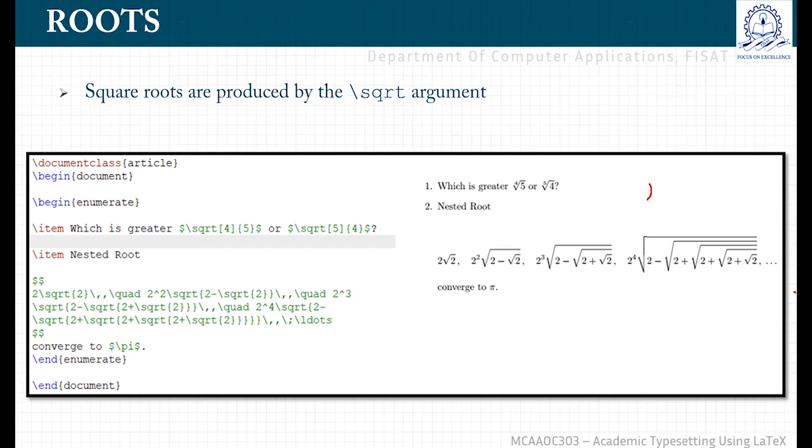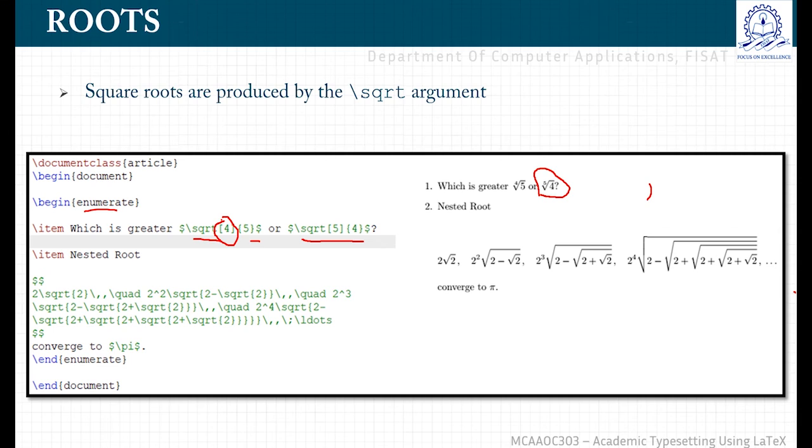Coming to the source part, we can see two statements are displayed using the enumerate environment. Which is greater, within the dollar symbols, I am using backslash sqrt for 5. Here the argument 4 is optional. And the second statement is achieved by using this command, where the optional argument is 5.